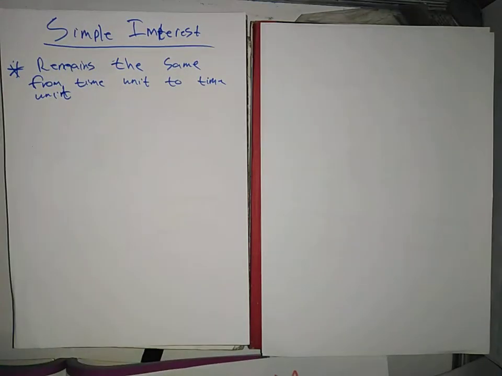For example, in the case that I was speaking about, where you take 200 rand and the interest is 20 rand, that means if you bring back that money in the first month, you'll bring it back with 20 rand interest.